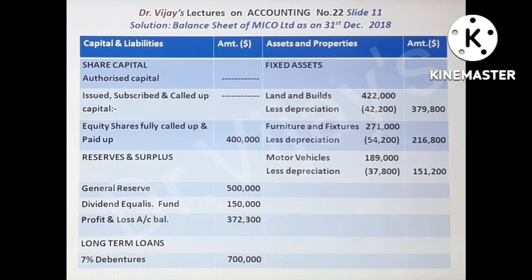Next head is reserves and surpluses. Under that, general reserve 500,000. It was 300,000 in the trial balance. 200,000 was transferred to reserve this year, and so it has become 500,000. Dividend equalization fund was 1,20,000. 30,000 transferred this year, and so it becomes 1,50,000.